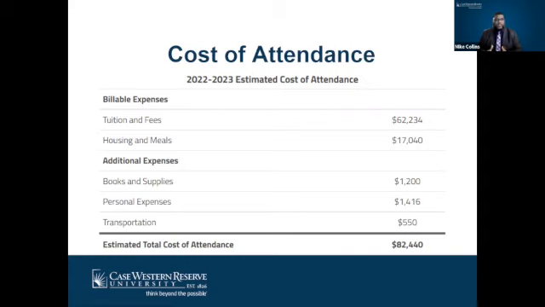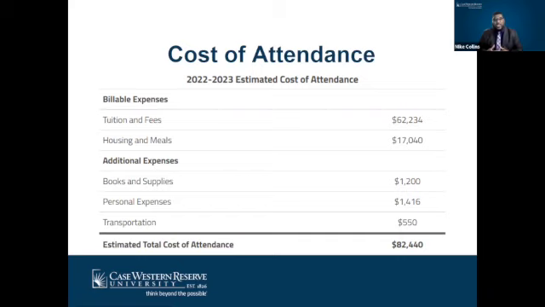Likewise, for housing and meals, you will have some choices in terms of where you stay or maybe even what type of room you stay in. But for a first-year student, it is pretty limited. And so even looking at the differences between them, there really isn't much difference in terms of the actual cost.